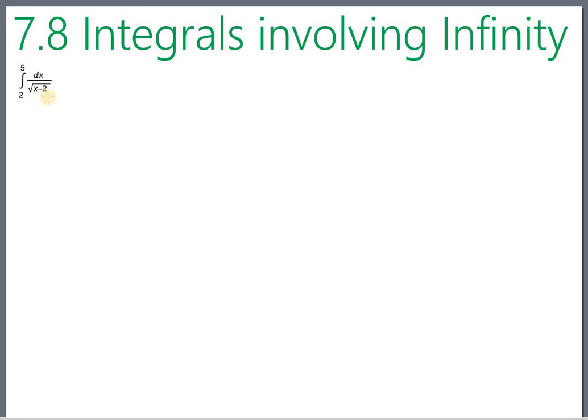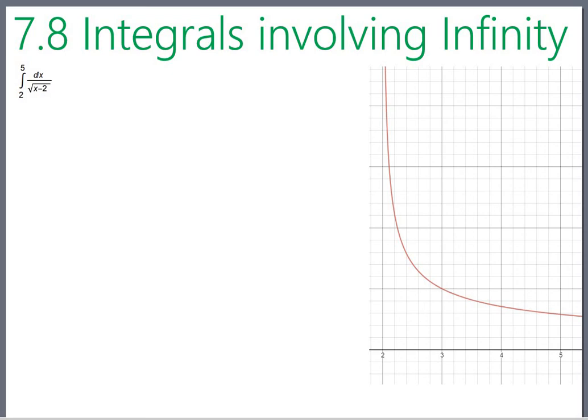But keep in mind the function itself, if you put 2 in, you get division by 0, which tends to create a vertical asymptote. And if you look at the graph of this thing, it does indeed have a vertical asymptote at 2. So the function itself goes to infinity in the context of this integral. So that means we still need to treat that 2 with a placeholder.